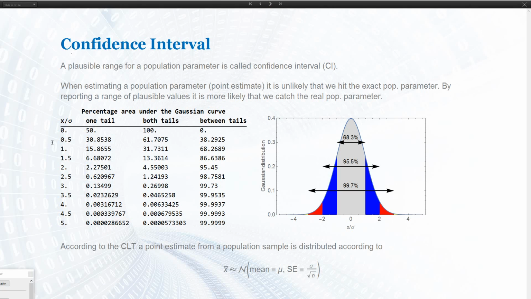And if you report a range of plausible values, then you can quantify the probability that your measurements hit the mark or not. This is called confidence interval.